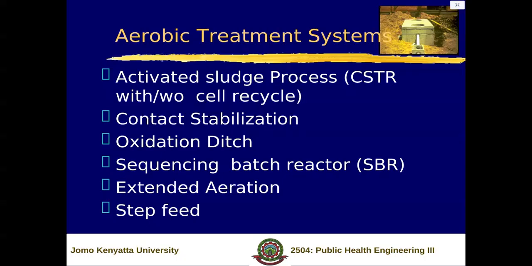So aerobic tanks have many forms. I should discuss the processes and the methods later. These are technologies, but for the process, we say there are only three processes, and out of those three processes, there are many technologies or methods.